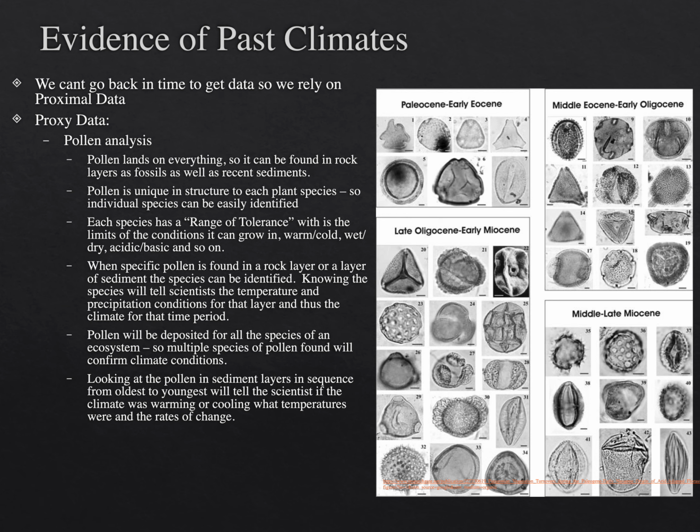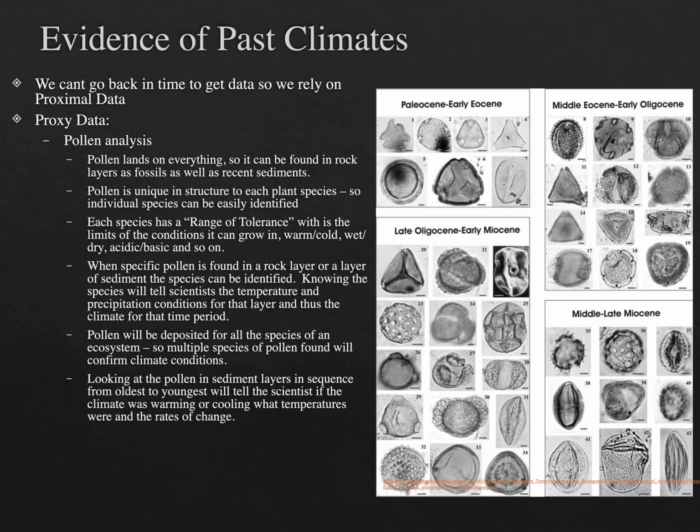So we can have long periods of preservation of pollen, and some really diligent and careful, detailed people over a long, long period of time have paired pollen with particular species.